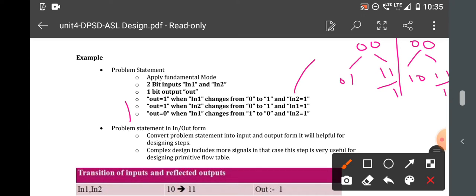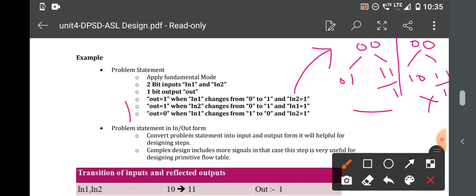I am converting these conditions in terms of a flow diagram. This flow diagram will help us write a primitive flow table. Similarly, when IN2 is maintained as 1, IN1 will change from 1 to 0.